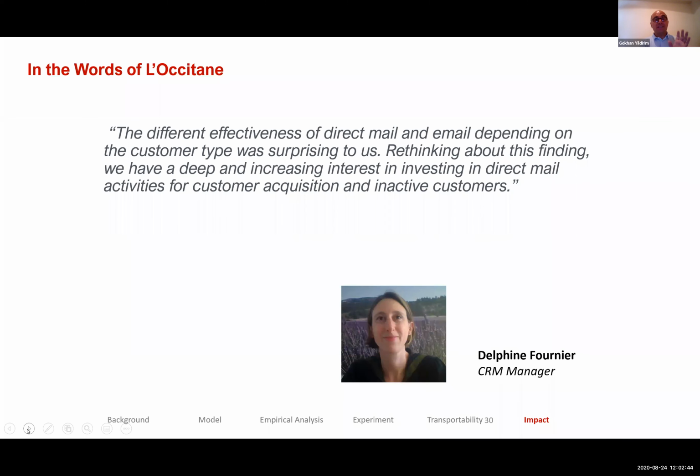So the different effectiveness of direct mail and email, depending on the customer type, was surprising to us. Rethinking about this finding, we have a deep and increasing interest in investing in direct mail activities for customer acquisition and inactive customers, right? So, okay, let's move.